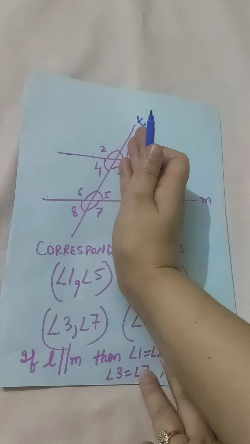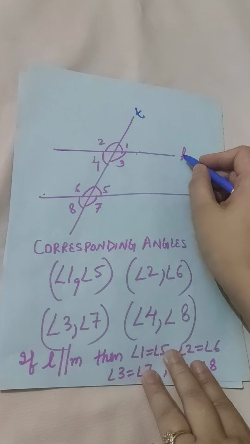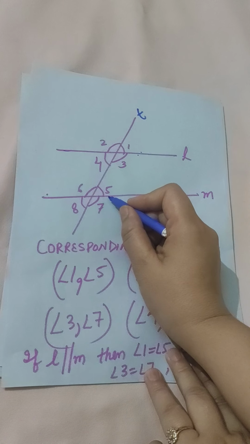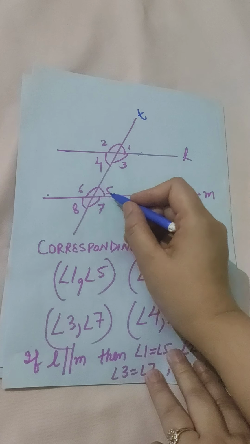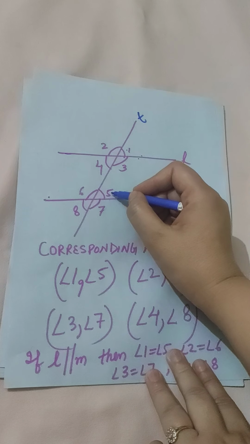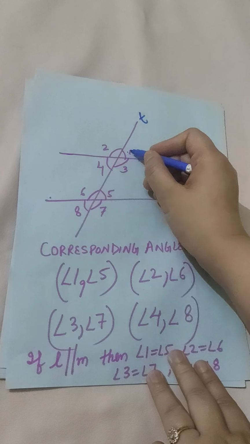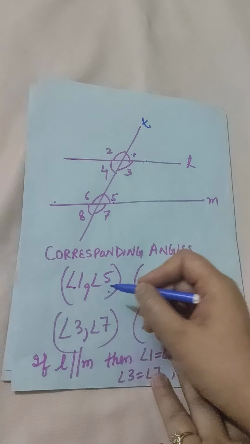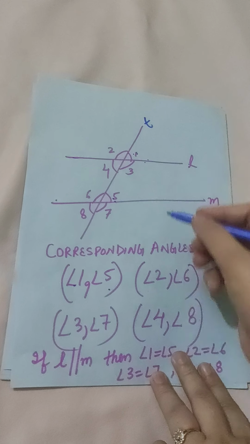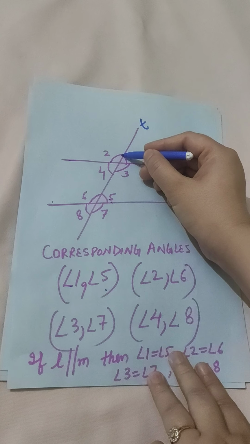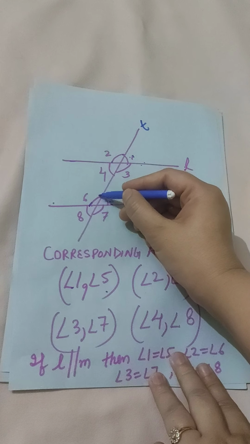Now you will have to see both the lines. If we see the right side, on the line L it is 1 and on the second line M it is 5. Both angles are above the line, so these angles are corresponding angles. One pair is 1 and 5. Similarly, on the left side, above the line is 2 on one line, and on the second line above is 6.